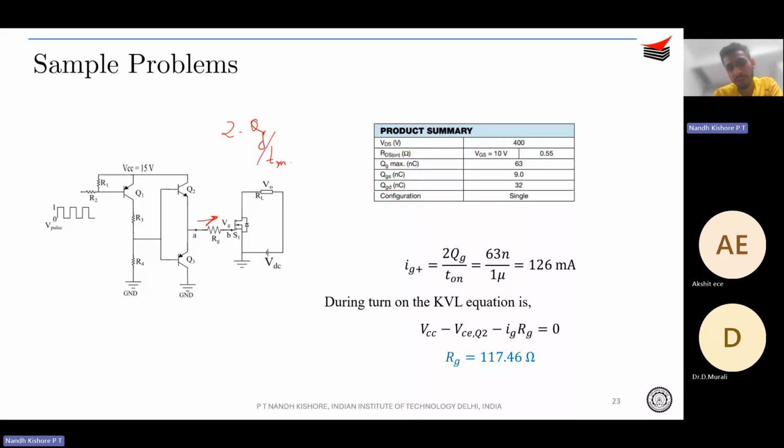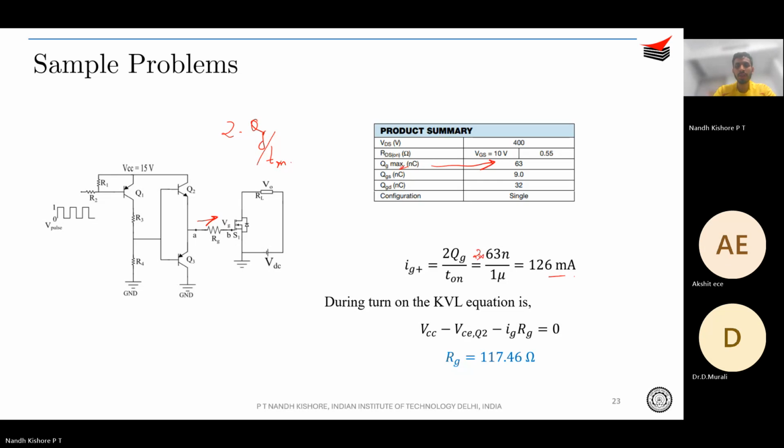Dimensionally also you can understand that the charge by time equals the current. So you require at least twice the current that's required for turning on the device. From the data sheet, QG max, you always need to consider the maximum value. So QG max is 63 nanocoulombs. So IG plus would be 2 into 63 nano divided by 1 micro, that is 126 milliamp.